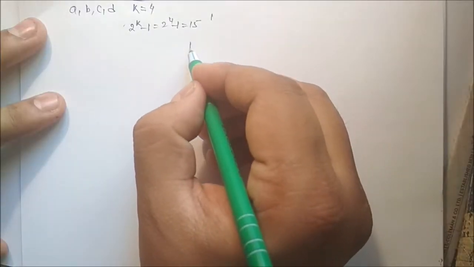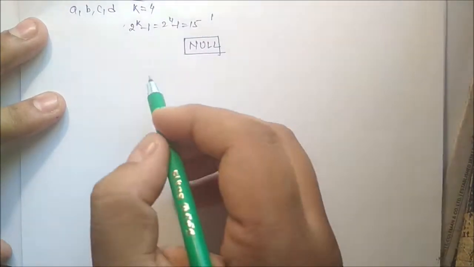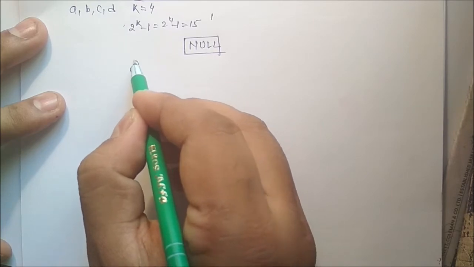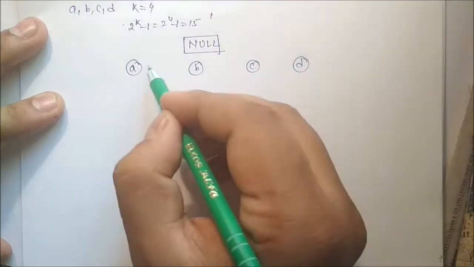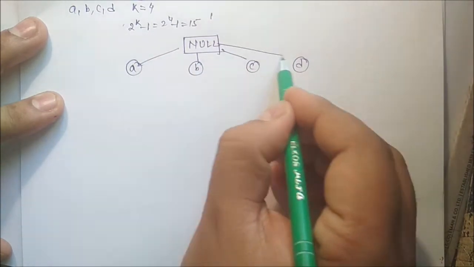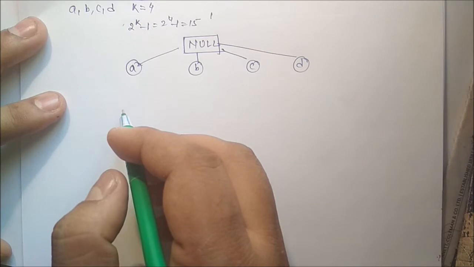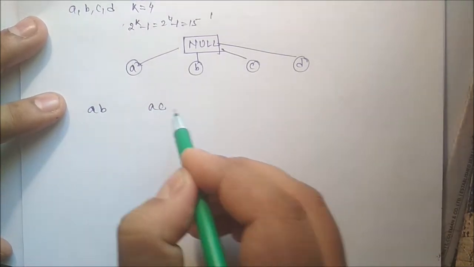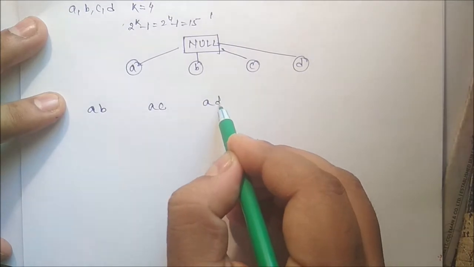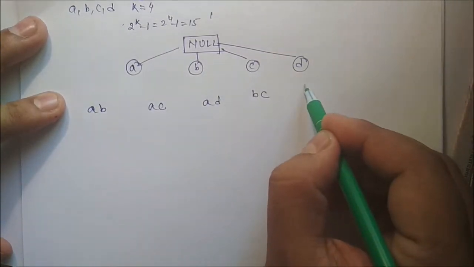So we can start from null. Then 4 items are there, say A, B, C and D. After that we have to identify the combinations of two items: AB, AC, AD, then BC, then BD.